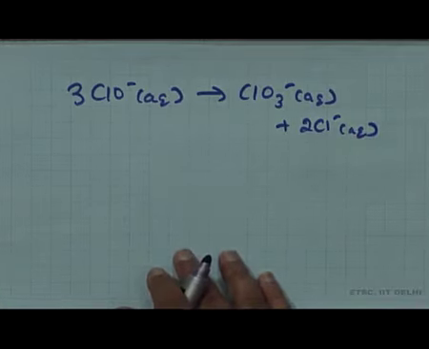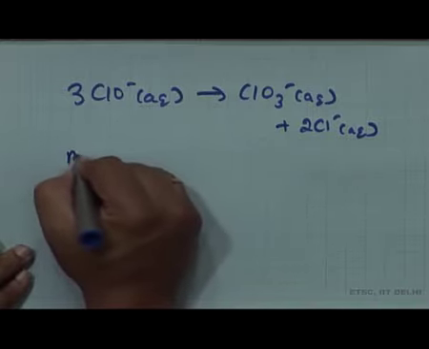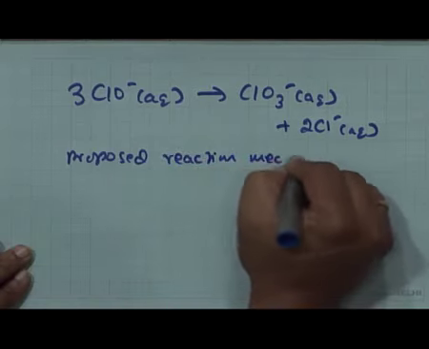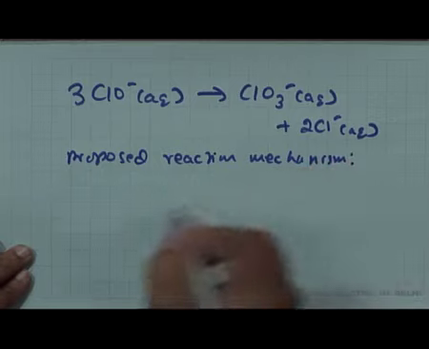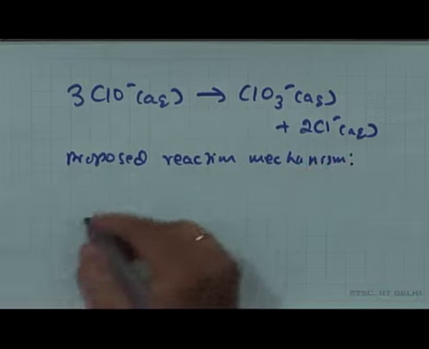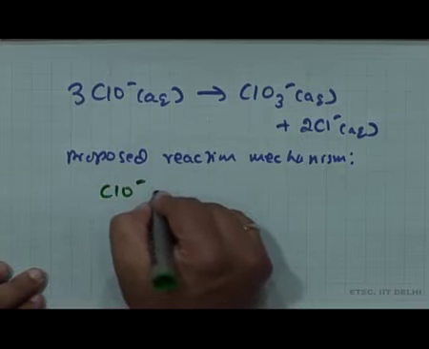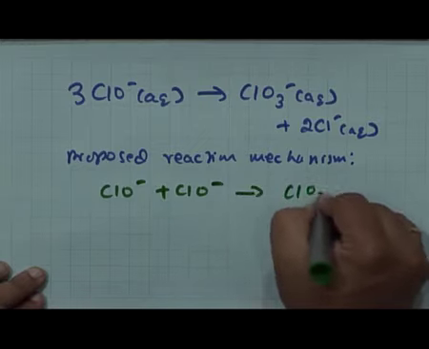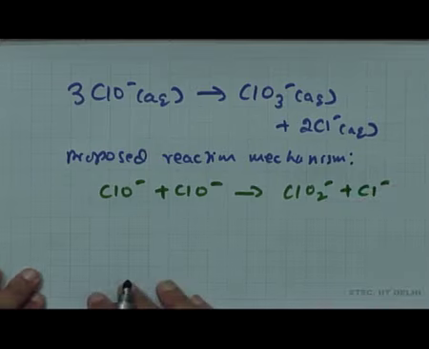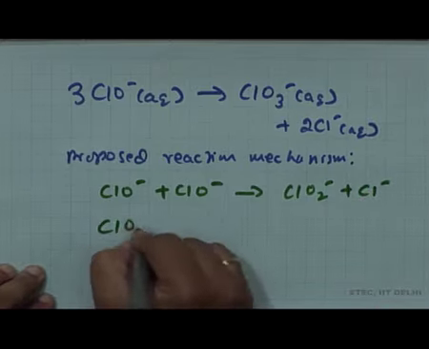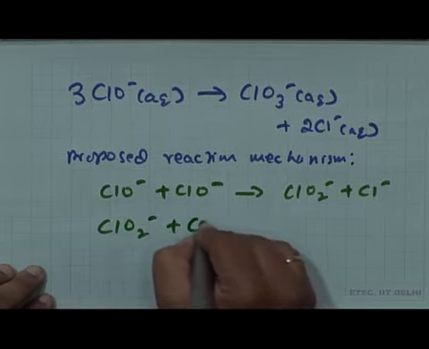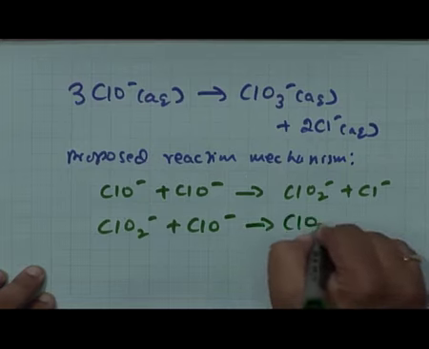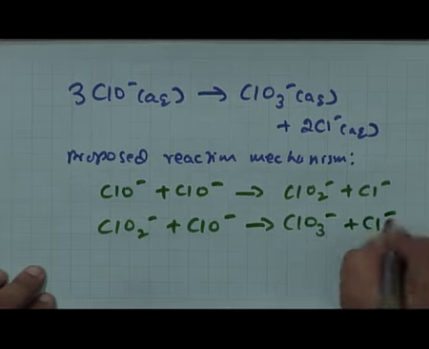The proposed reaction mechanism goes like this: ClO minus plus ClO minus gives me ClO2 minus plus Cl minus, then ClO2 minus plus ClO minus gives me ClO3 minus plus Cl minus.